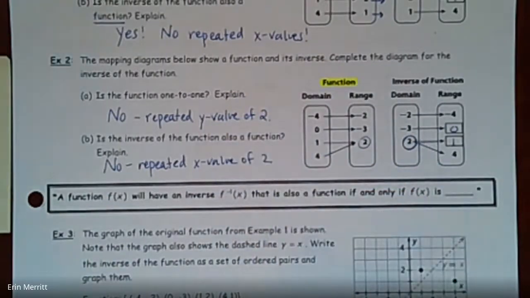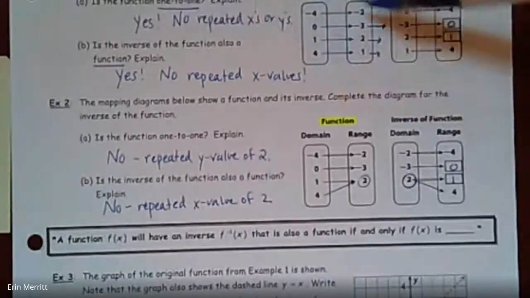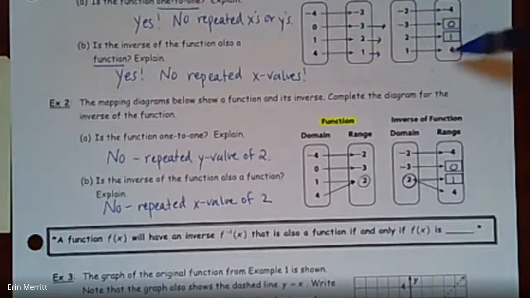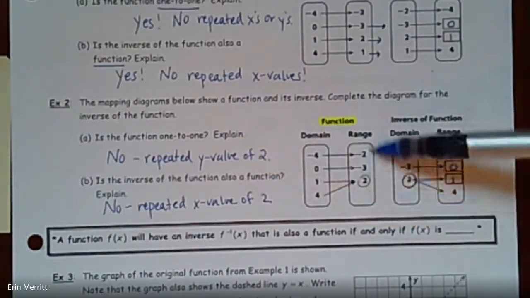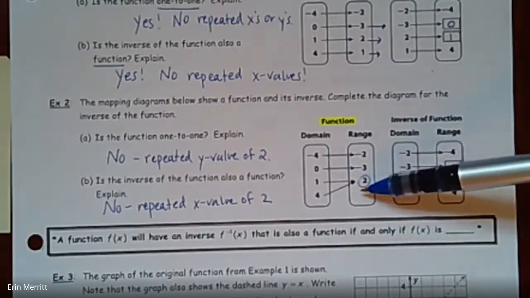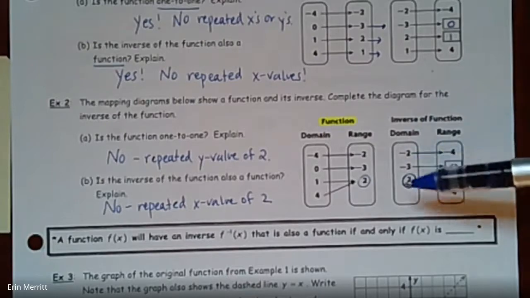So the idea of what this is meant to show you is simply that if the original is 1-to-1, then the inverse is going to be a function. It'll have no problem passing a vertical line test or not have any repeating x values. Whereas if the original isn't 1-to-1, that means that your y values are repeated. And when they flip-flop and become the x values over here, you're going to have repeated x's.